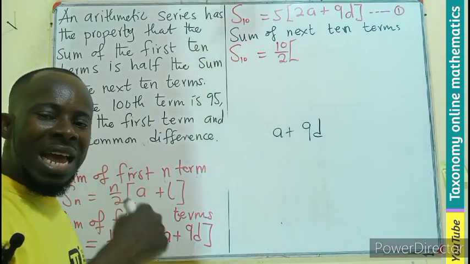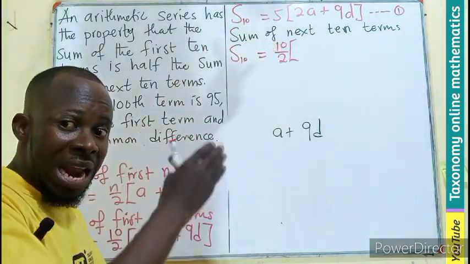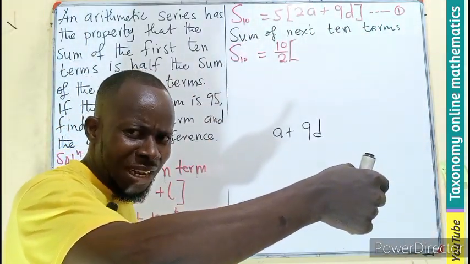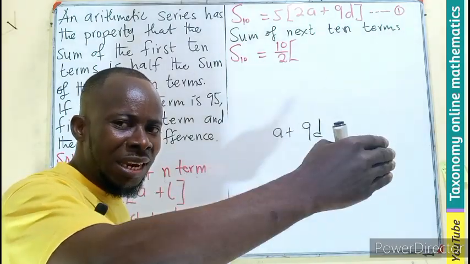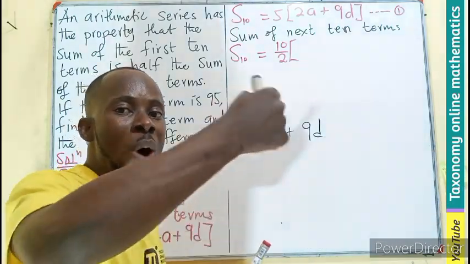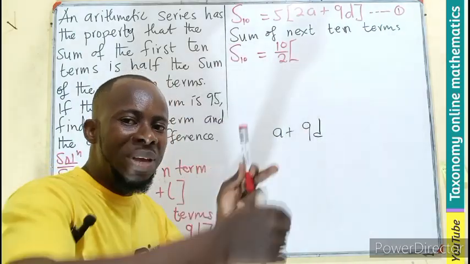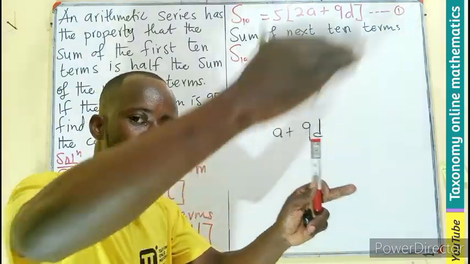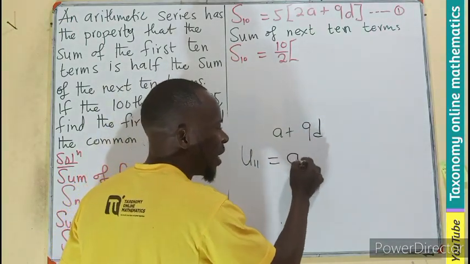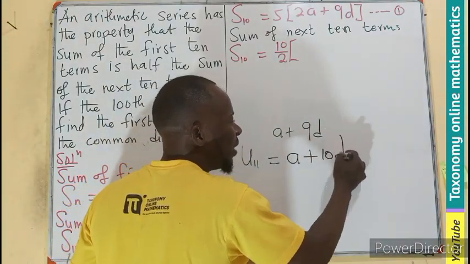It means the first term of the next set will be the 11th term. Do you get that? 1, 2, 3 up to 10, we have taken it away. The next one will begin from 1, but that 1 is going to be the 11th term, up to the 20th. So the 11th term will be a plus 10d.